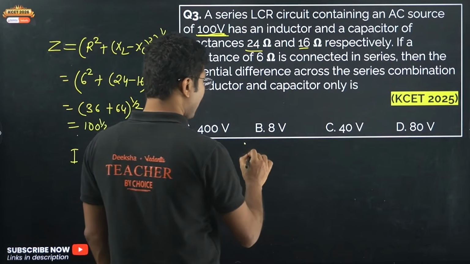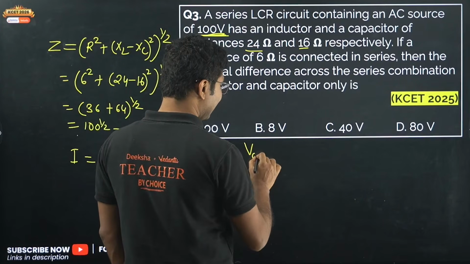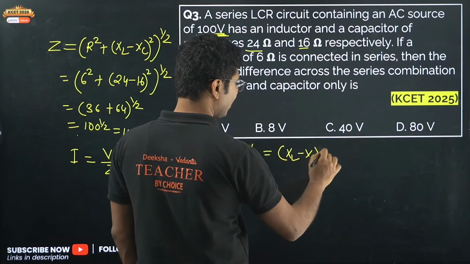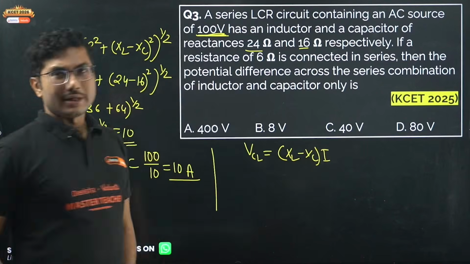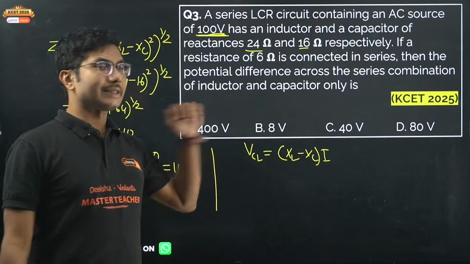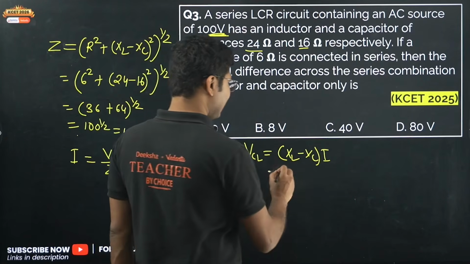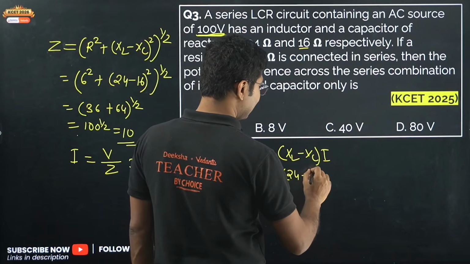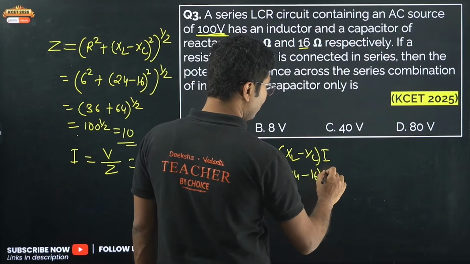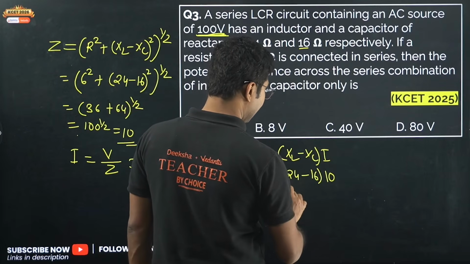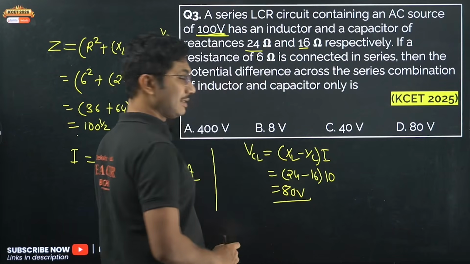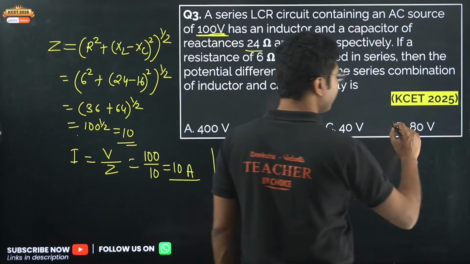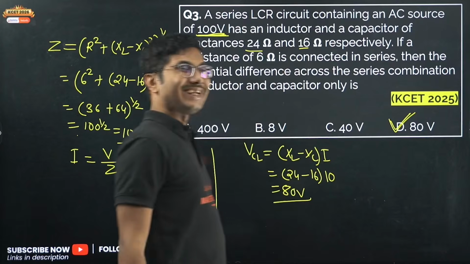So the voltage drop across capacitor and inductor is given by XL minus XC into I. They are in opposite phases, that's why XL minus XC. XL is 24, XC is 16, into 10, so it will be 80 volt. So the correct answer is 80 volt.